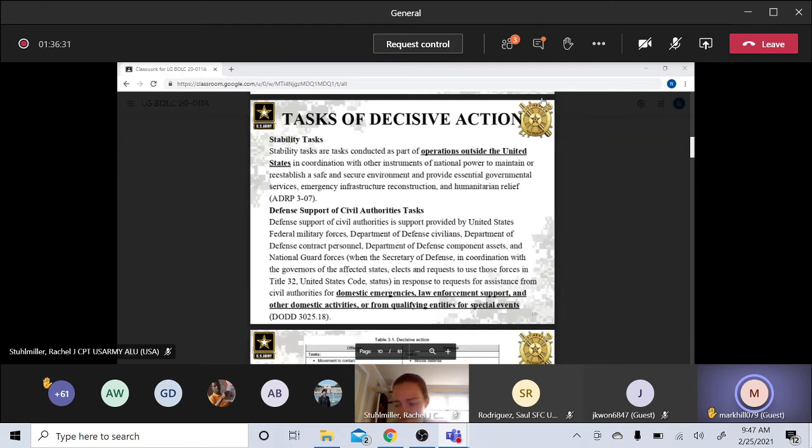So that's what we were doing, getting BOLOs of any suspicious individuals in the area and reacting to that contact, dealing with it along with local and federal partners.